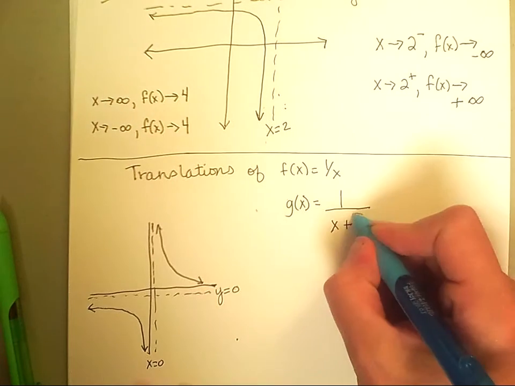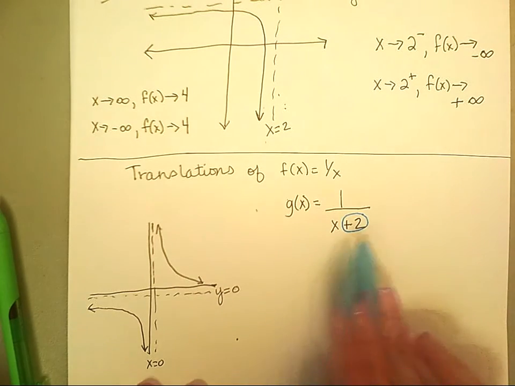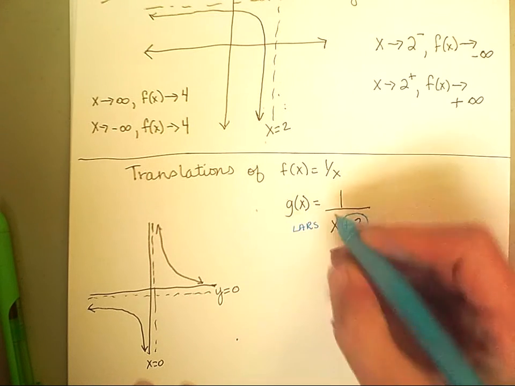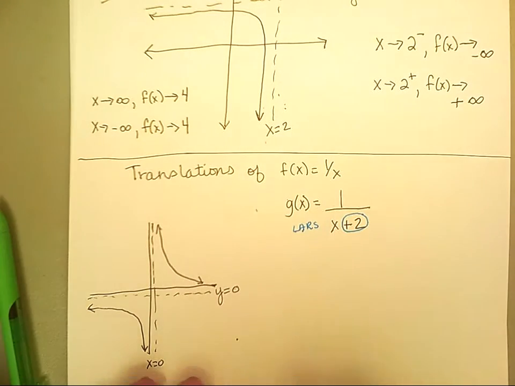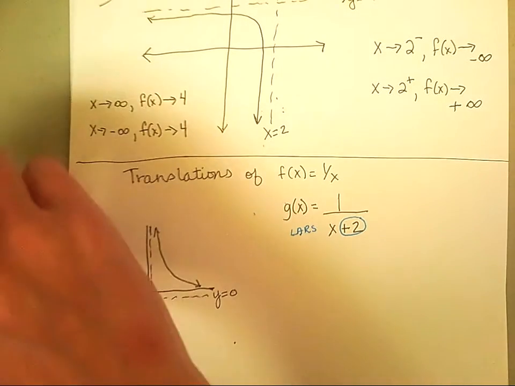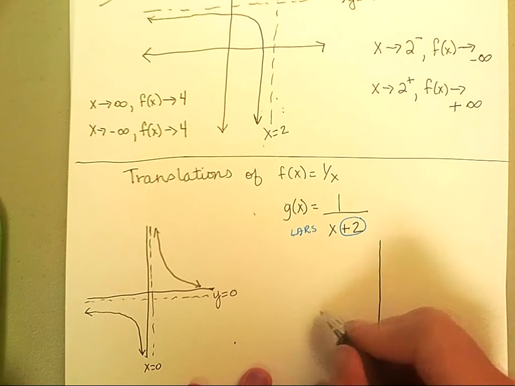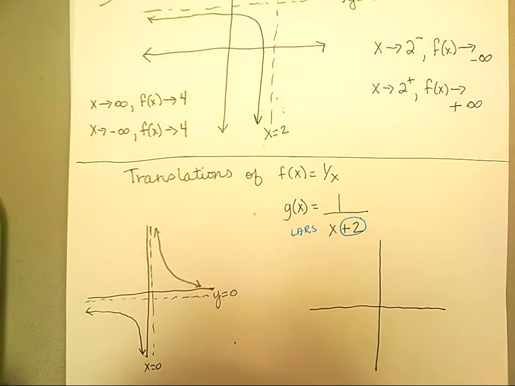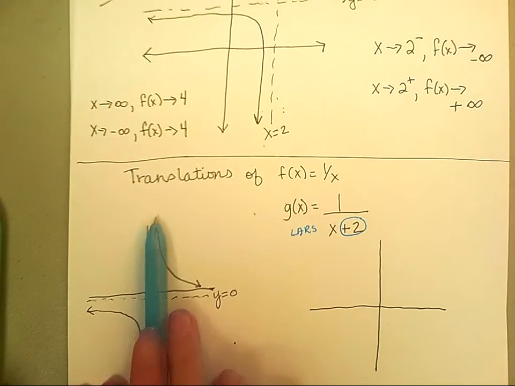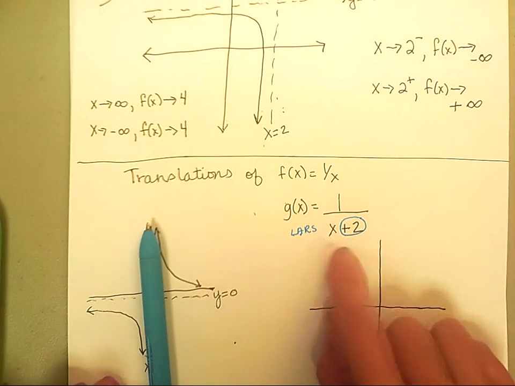Well, what's happened here is that I've altered our basic 1 over x by adding 2 to the x values. So again, we'll use Lars, and since I'm adding, I'll be going to the left. So this whole graph needs to shift to the left 2 units. So what does that mean? Well, every important point needs to move, including this vertical asymptote, because it's no longer x equals 0 that makes this denominator go to 0.